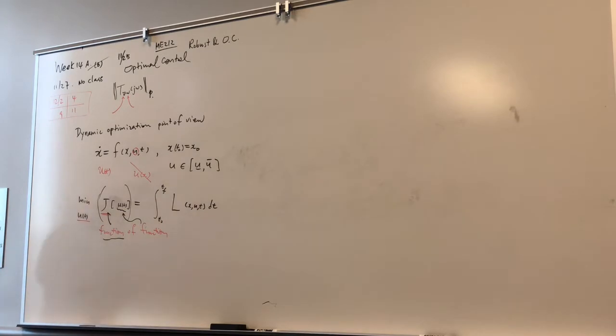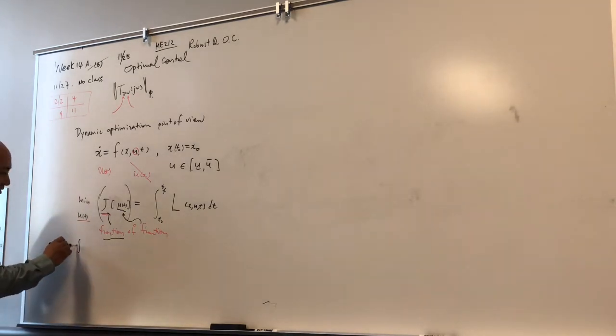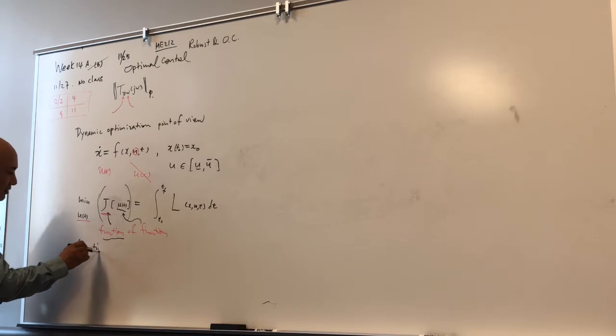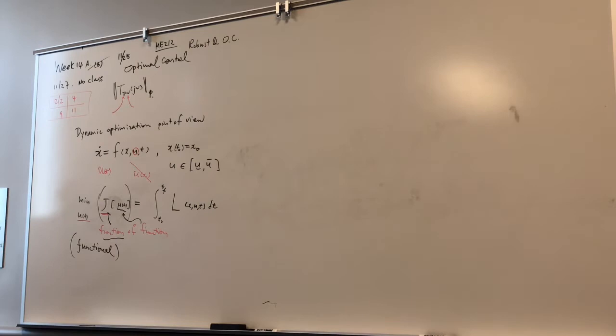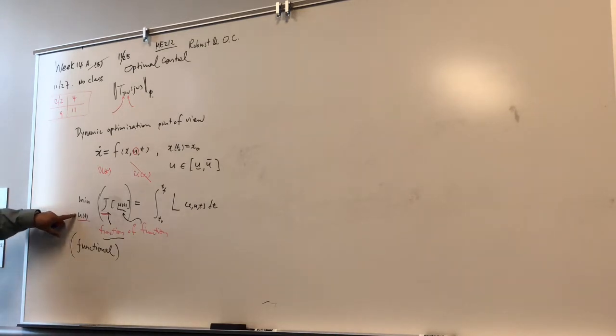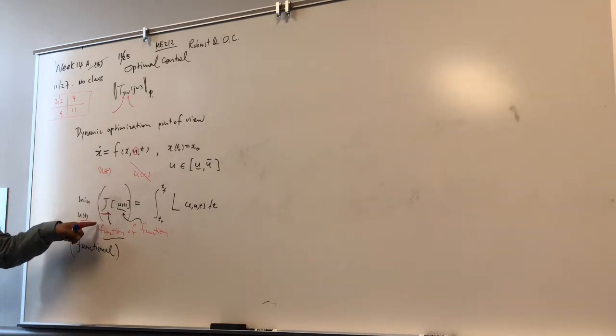So people call this a functional. Remember, I have an infinite number of points on this curve u of t. So basically, if you parameterize it, it's an infinite dimensional minimization problem. Make sense? So it's a much harder problem. I call this dynamic optimization instead of static.